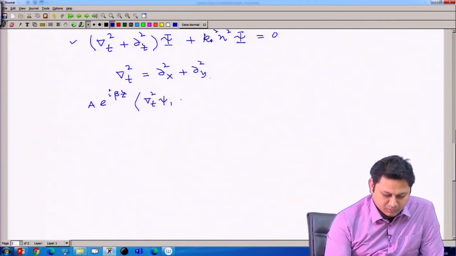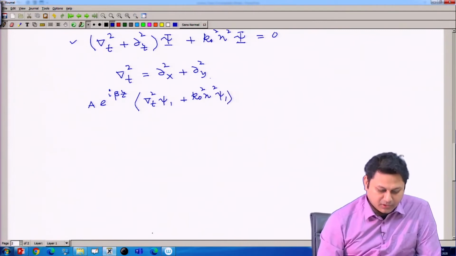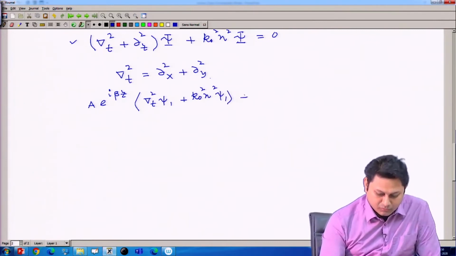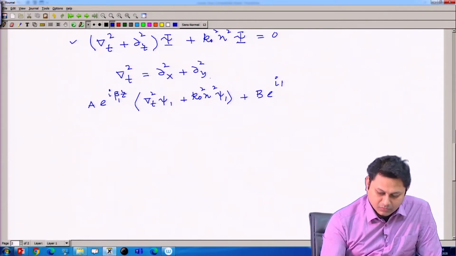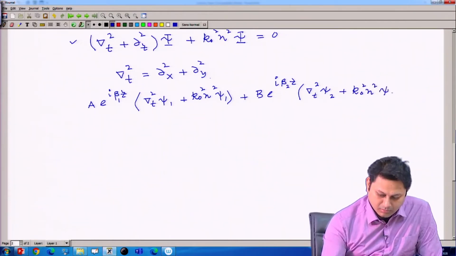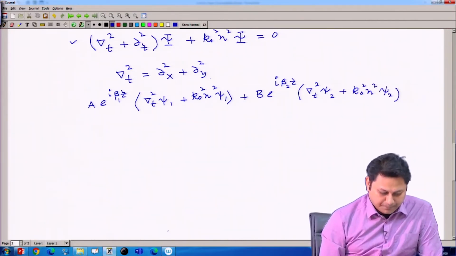So, I can write simply this one for psi 1, and for psi 2 I have b e to the power of I beta 2 z, then the transverse part, this one.